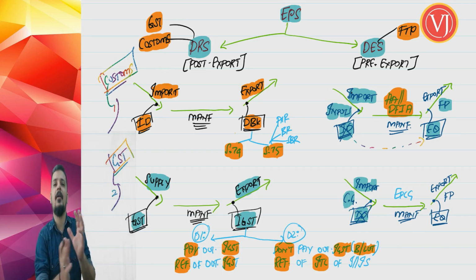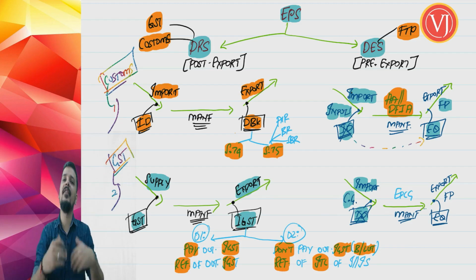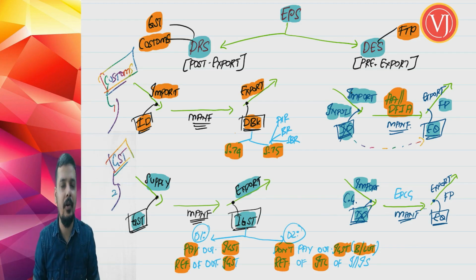Now friends, it is not advance authorization or duty free import authorization. A corresponding provision for your capital goods which works in the same manner like your advance authorization or duty free import authorization is export promotion capital goods scheme. So your advance authorization, duty free import authorization is for your inputs, and your EPCG, export promotion capital goods scheme, is for your capital goods.